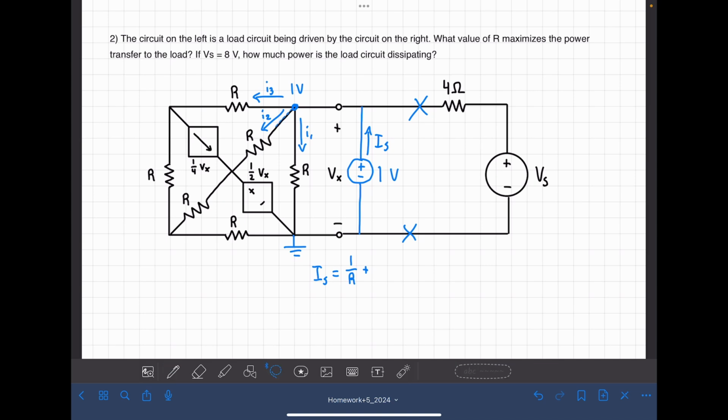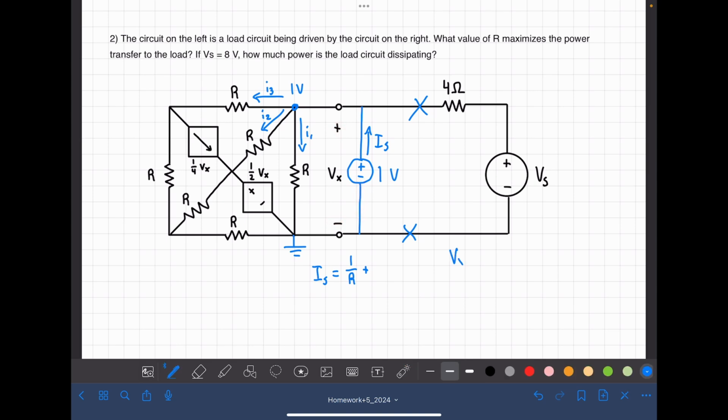For this next current, I2, we don't know the voltage at this point, but it's connected directly to a dependent source. This dependent source is dependent on Vx, and Vx is right connected to this 1 volt source.